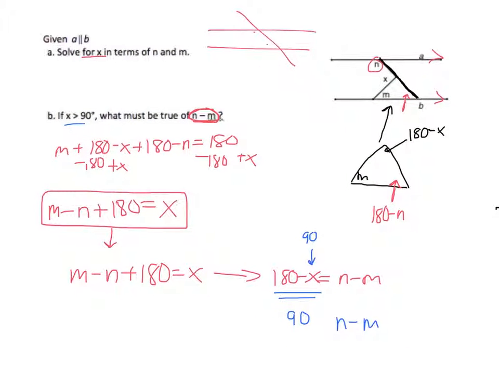So n minus m is less than 90, or 90 is greater than n minus m. Whatever n minus m is compared to 90, it's going to be less than that. Again, what is more concerning in this problem is part A; definitely doing part A is the more important part. Part B is kind of a conceptual thing, just understanding what to do and manipulating the equation a little bit.